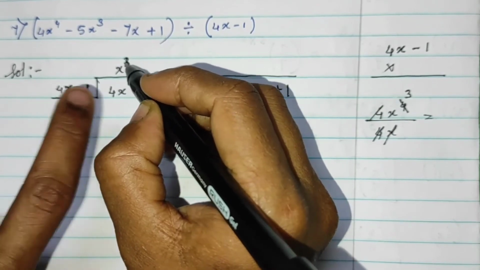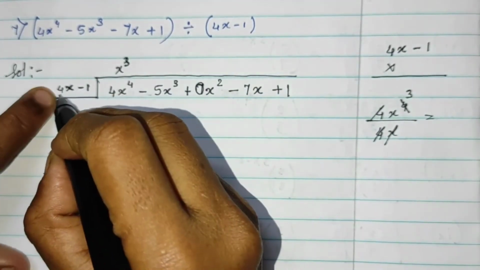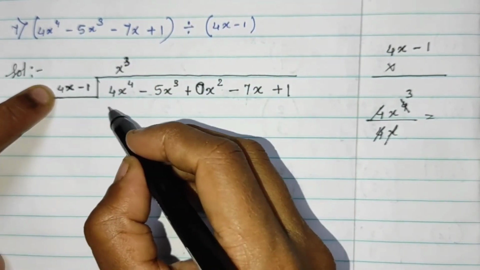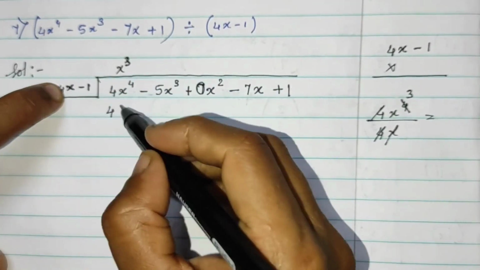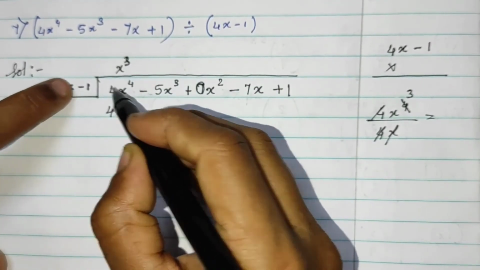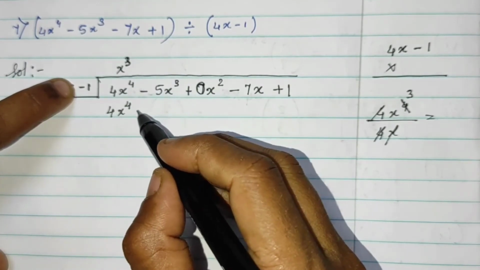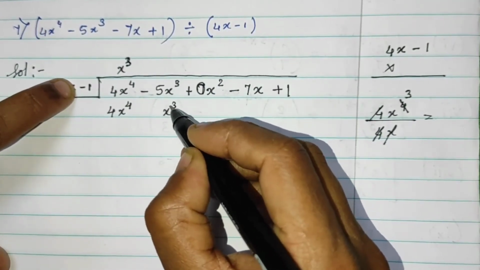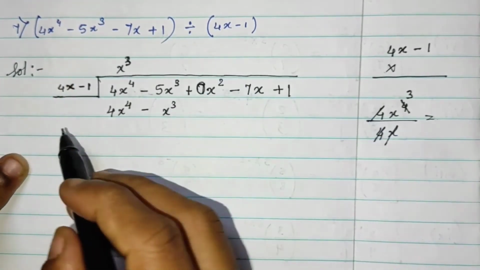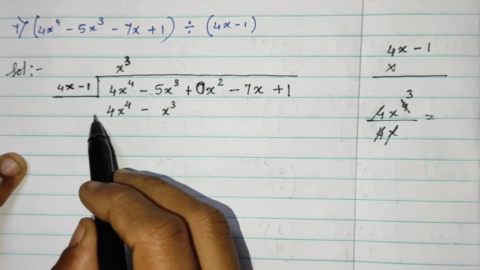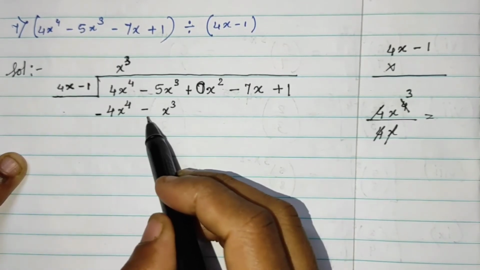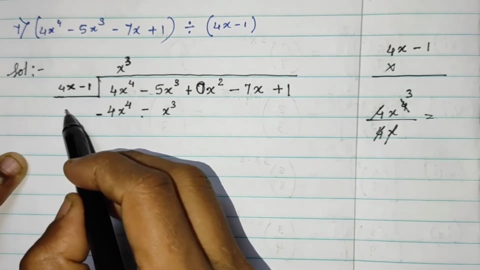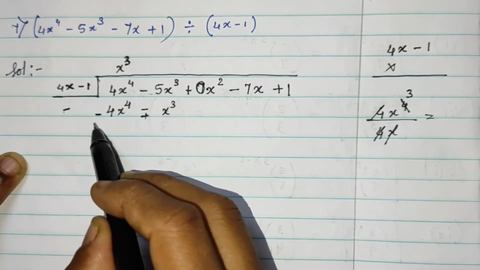So that means if you multiply this x cube into this 1 into 4, 4, x cube into x, x4, minus into plus, minus, and x cube, minus x cube. So minus into plus, minus, minus into minus, plus.